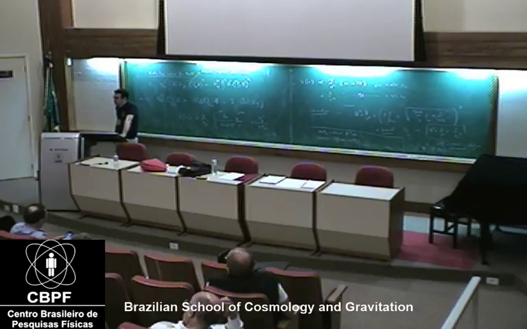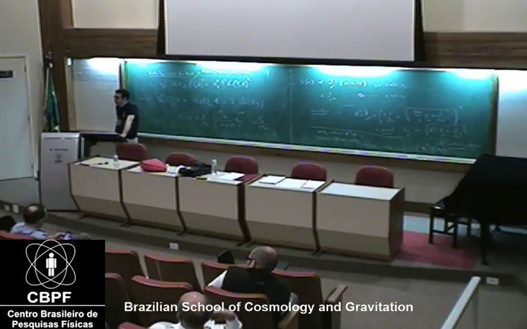You can really show it is associated to a current, which must be conserved. So now the question is, in your case, what is the ADM mass? How would you define that? I will address this in the following lectures.